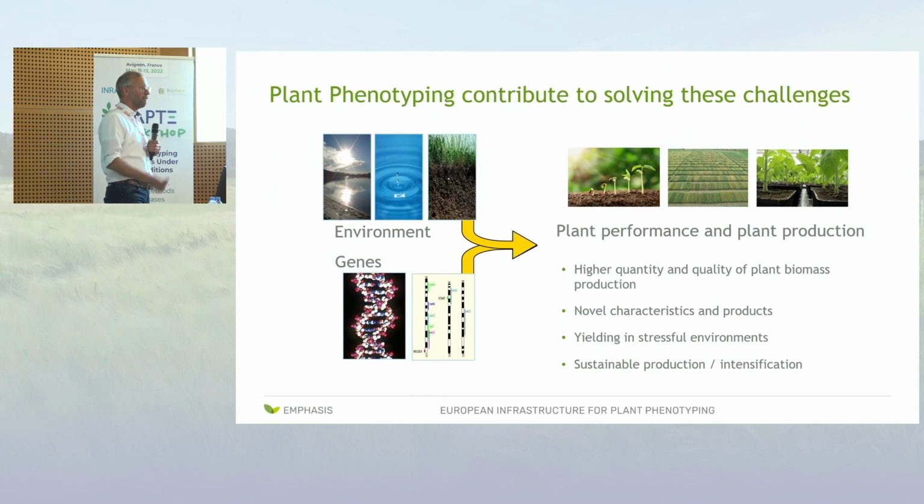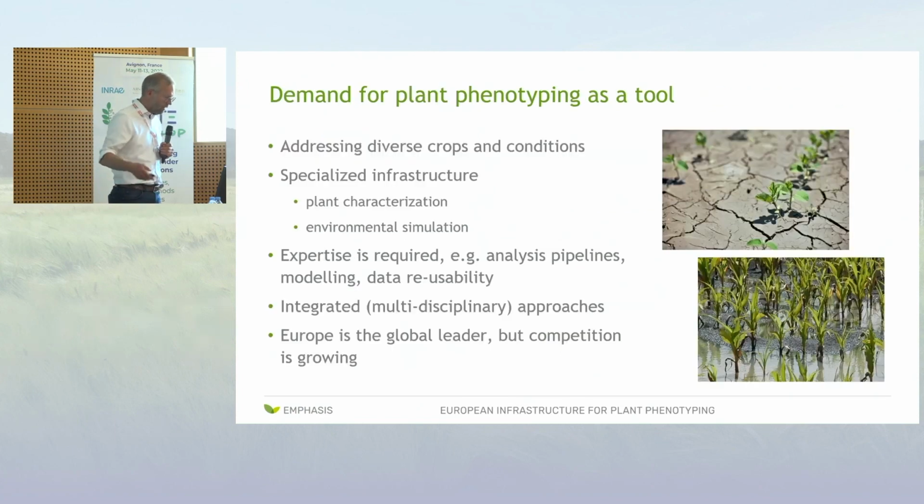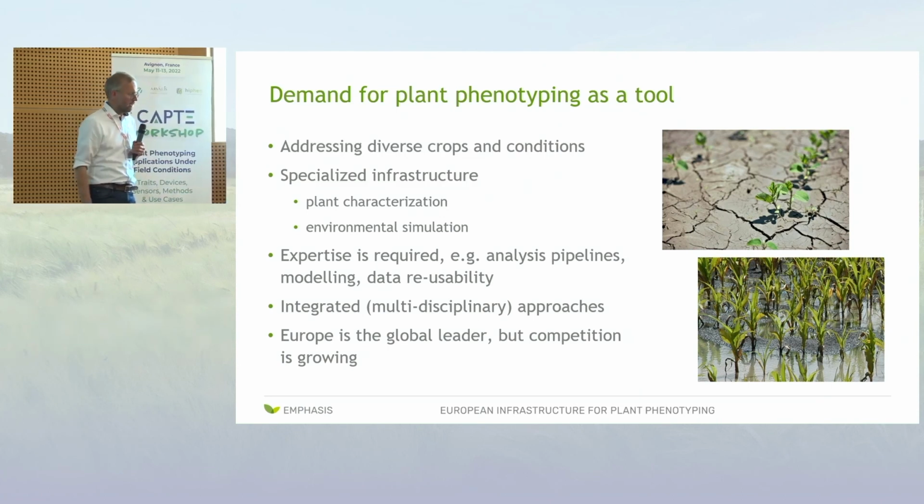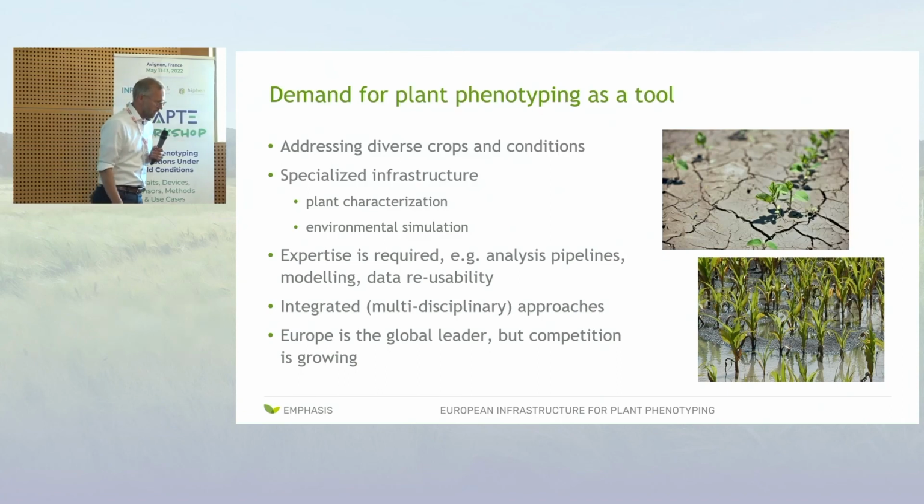We could identify novel characteristics and products. We saw some today. Yielding in stressful environments, and sustainable production intensification. We had some agroecology today. Sustainability was addressed a little bit. So we're all working toward these bigger aims. And as such, I think there's no doubt there is a demand for plant phenotyping as a tool in different environments, in specialized infrastructures.